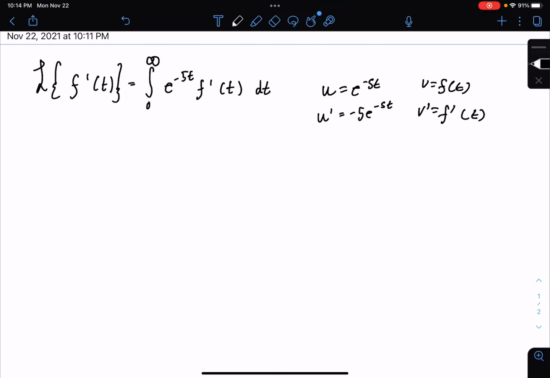So further looking at our definition function, you can see that because of our definite integral, we will have a limit as b approaches infinity.